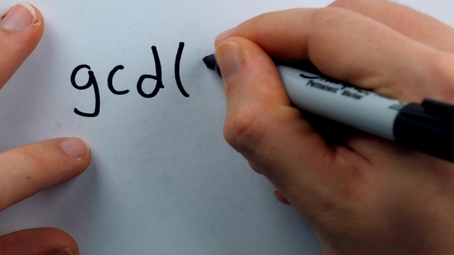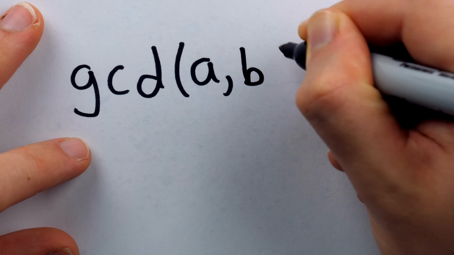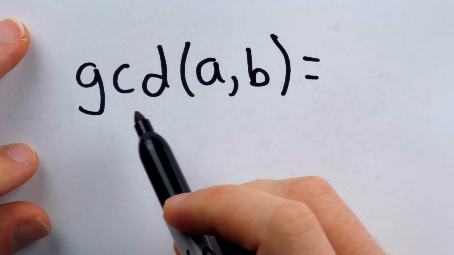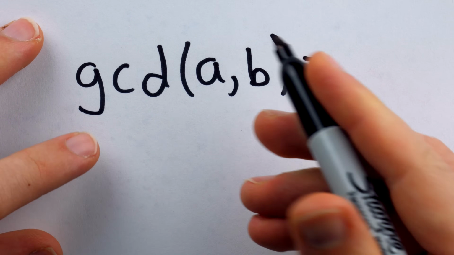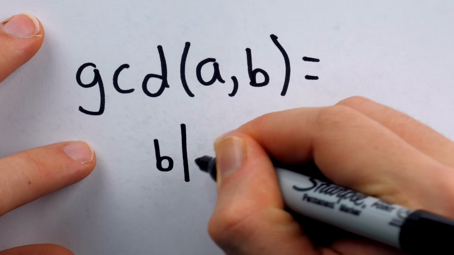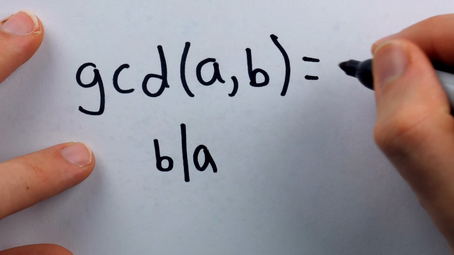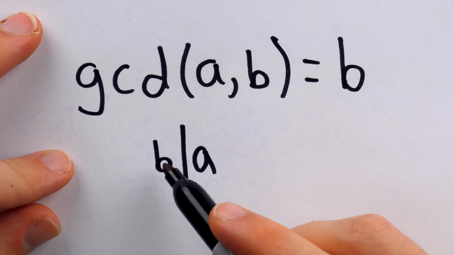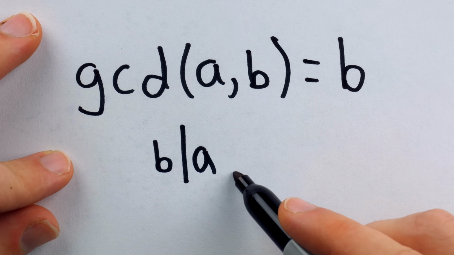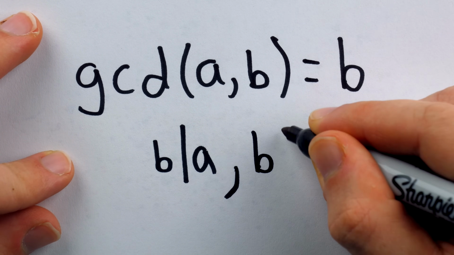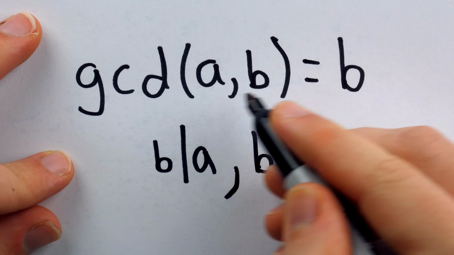Before we look at the algorithm for the greatest common divisor, note that for two positive integers a and b, if b divides a, then the greatest common divisor will certainly always be b. Because if b divides a, of course, b divides both b and a, so it is a common divisor.